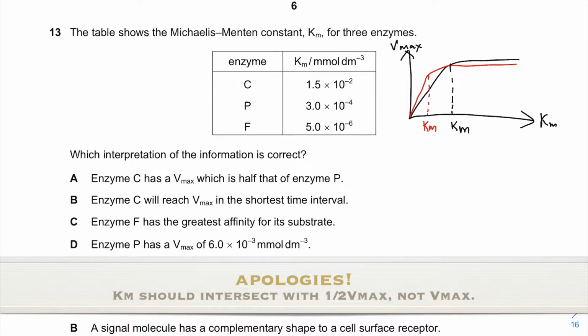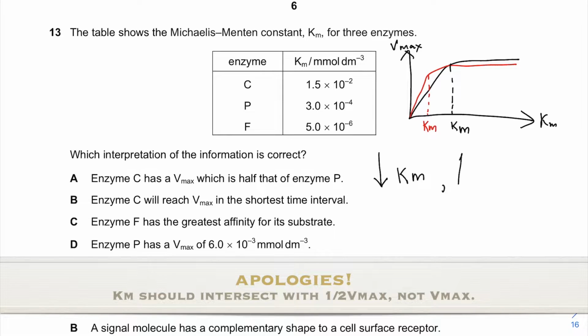So always remember, the smaller the Km value, the higher the enzyme affinity. Okay? Right, let's explore each of the options.